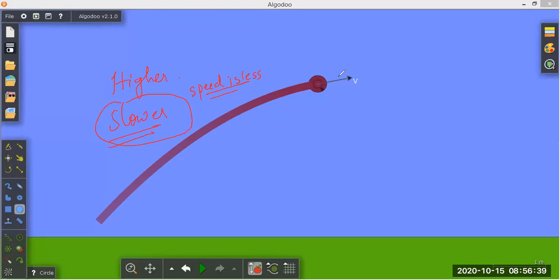Magnitude of velocity is indicated by the length of the arrow. I hope you remember that the length of the vector indicates magnitude. So that is what is going on here. As it goes higher, the speed is decreasing, and the magnitude of this velocity vector is decreasing, so it's getting smaller in size, right?